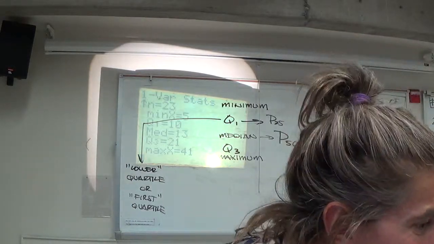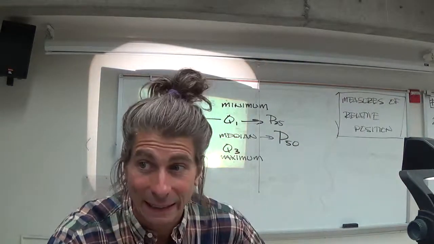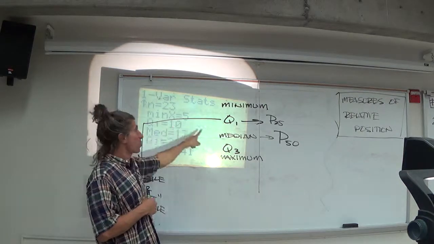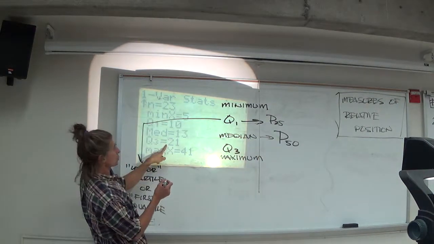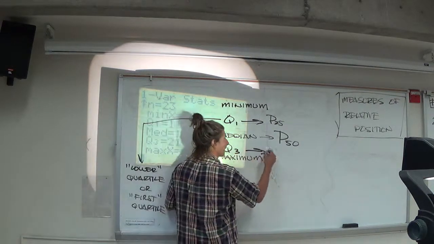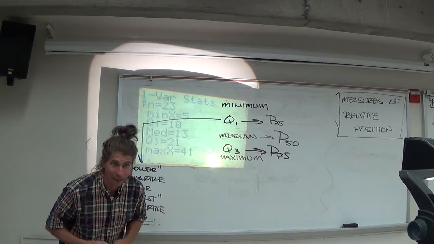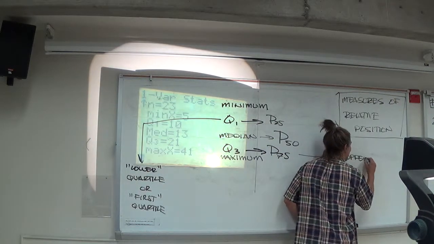Remember what a percentile is. A percentile is a percent you exceed. So if you've been to 10 states, you've been to more than 25% of the class has. If you've been to 21 states, you've been to more than 75% of the class. That's why this guy here is called the upper or third quartile.